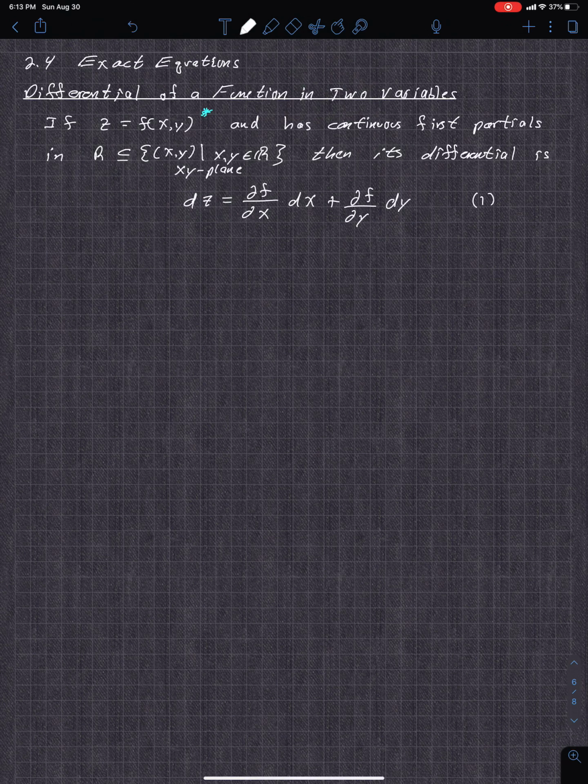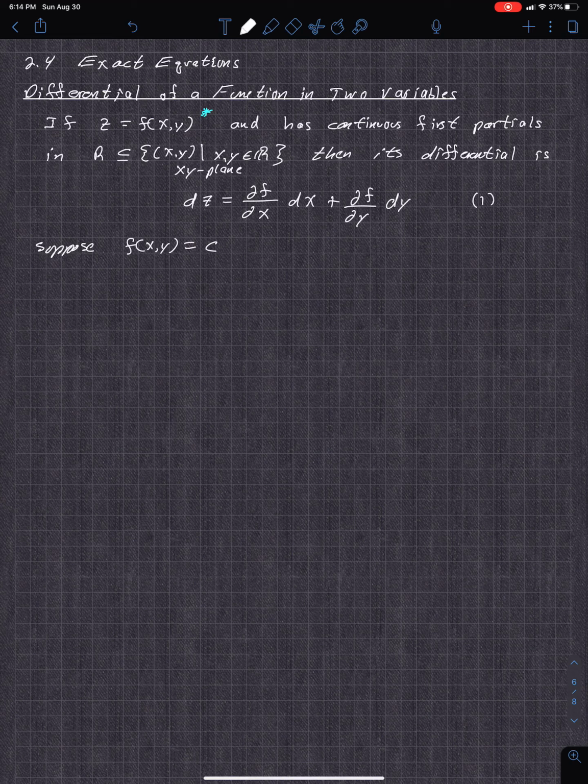Now, suppose f of x, y equals a constant c. It's going to be a family of functions. It's like the level curves of a three-dimensional figure, right? If you hold f of x, y constant, then you get all the level curves.